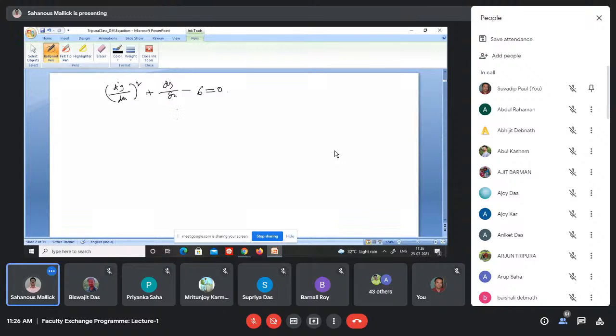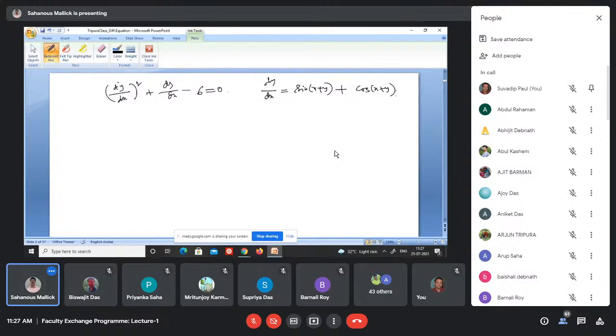Again, we also give another example of a non-linear differential equation as dy/dx equal to sin(x plus y) plus cos(x plus y).